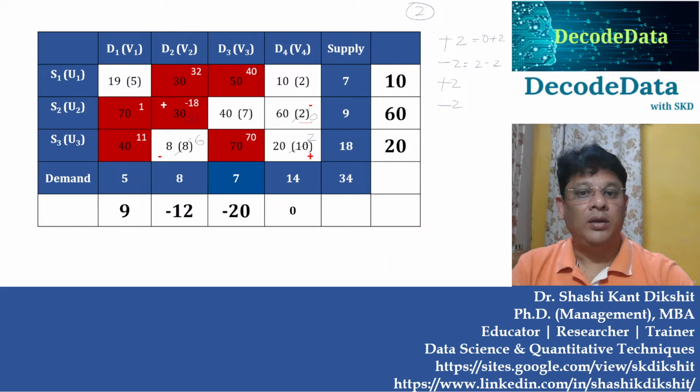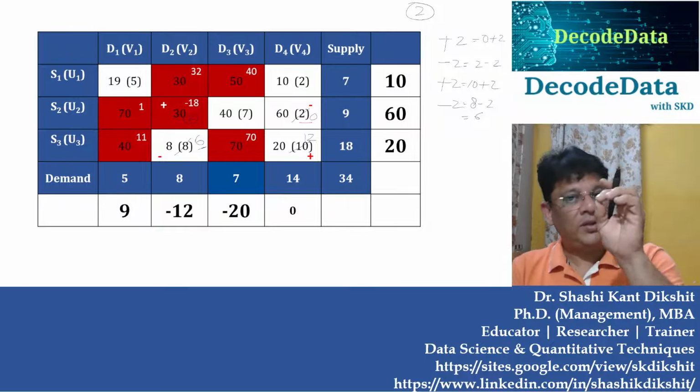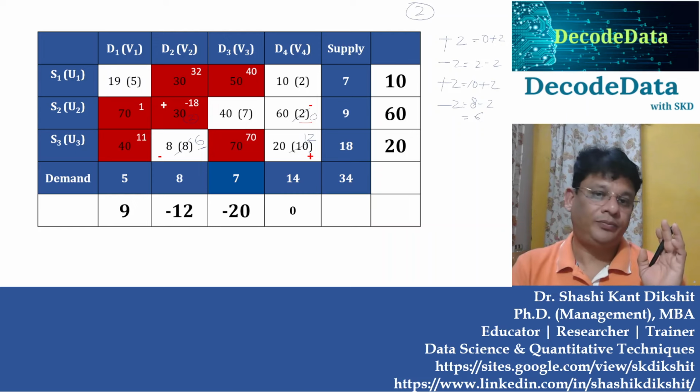This is the second. Third one is 10 plus 2, this is 12, right? And this is basically 8, so 8 minus 2 is 6. So this is converted to 6. Now this way your matrix is again balanced.